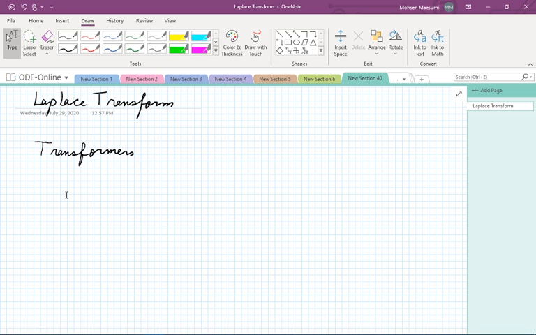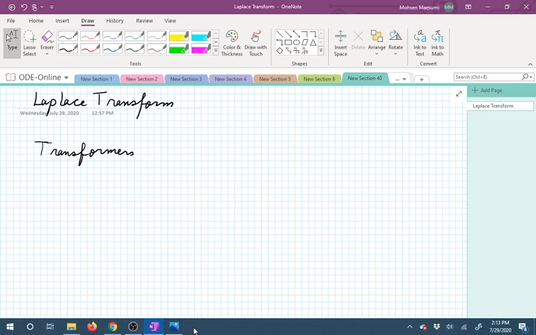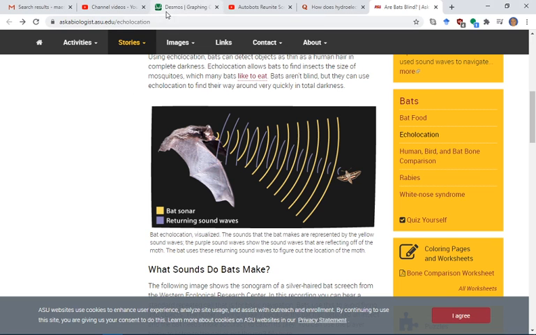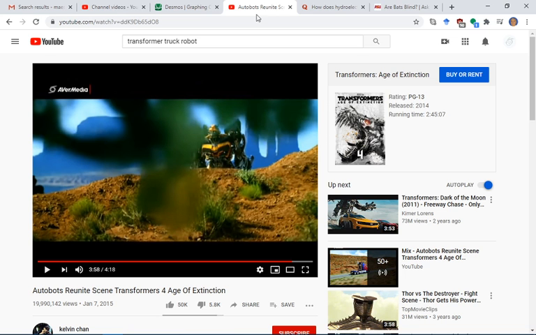To get a sense for what a transform is, let's go back to what you think it is. So probably what you remember about transformers is a movie by that title.